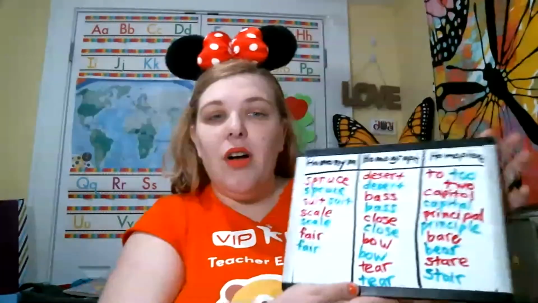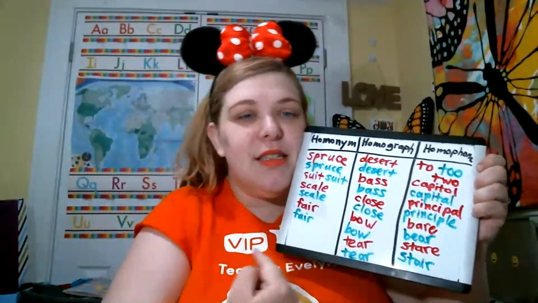Even in level 6, when you're teaching, there's an assessment where you have a list of all of these words and you have to put them into categories of which one is which. So I'm going to try my best to break it down for you so that you can remember which one is which again. Homonyms, homographs, homophones.